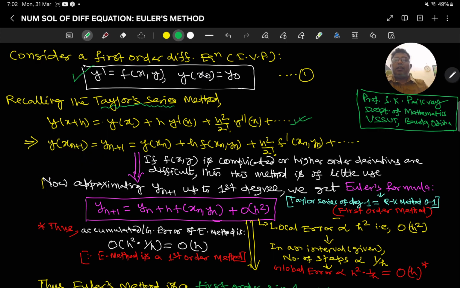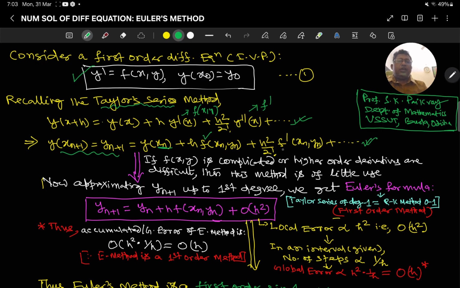In general, the Taylor series about xn gives y(xn+1) = y(xn) + h f(xn, yn), because y' is f(x, y). Similarly, y'' is nothing but f', where we find it by implicit differentiation. So this is the Taylor series expansion.